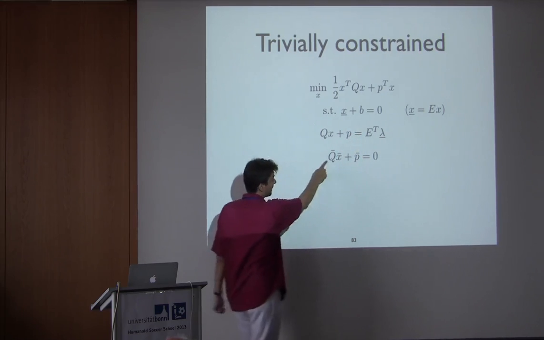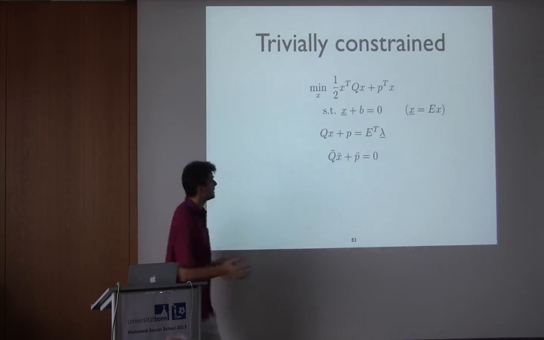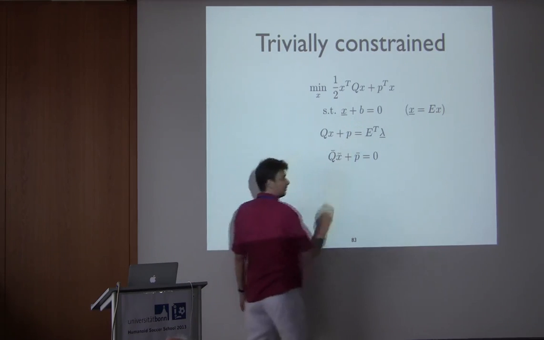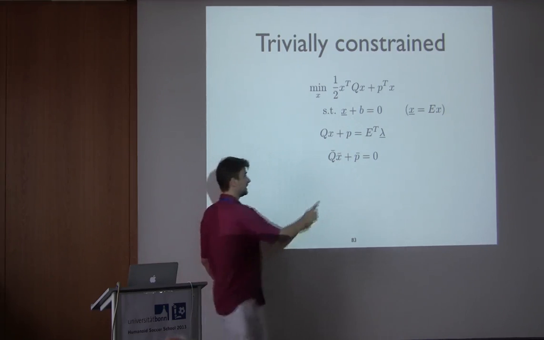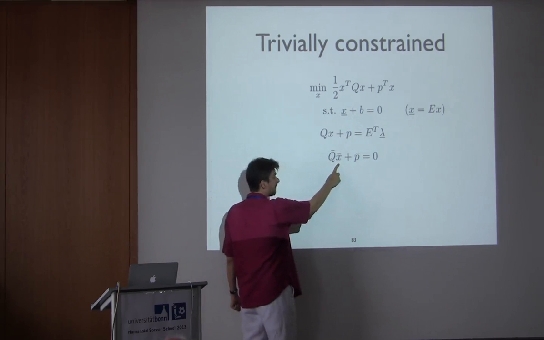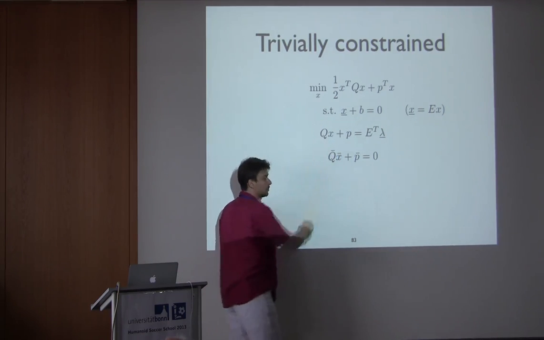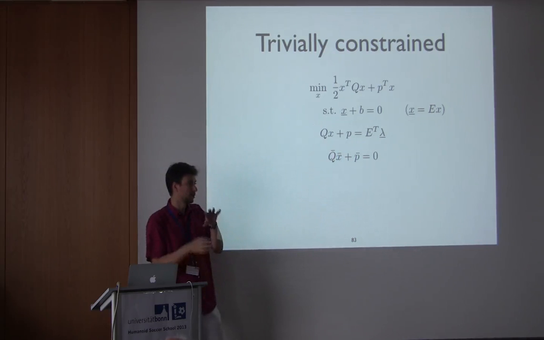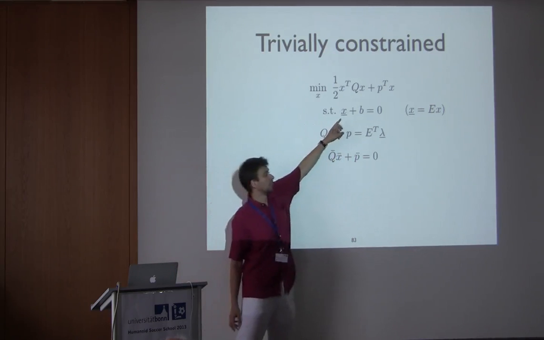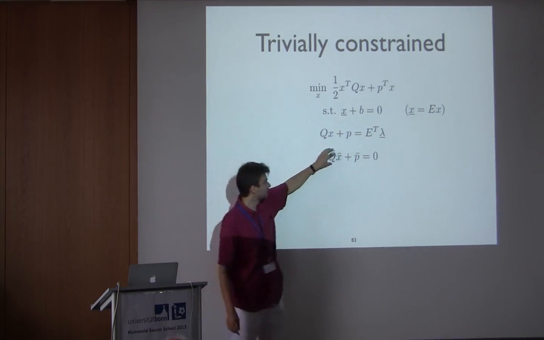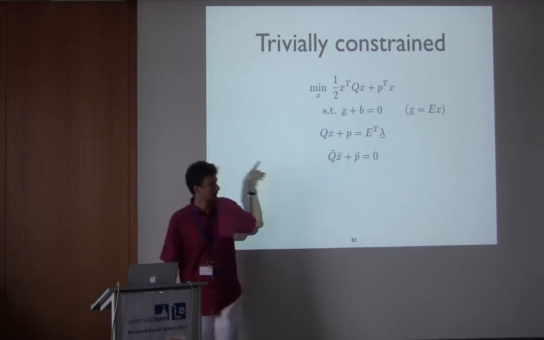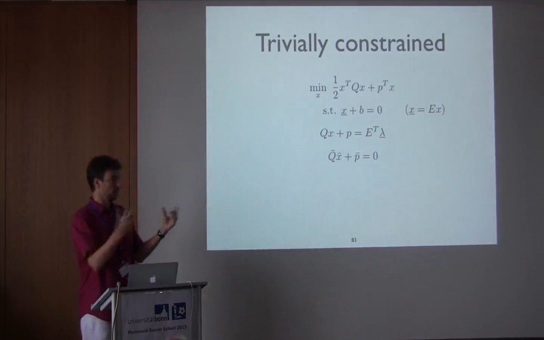So what I should do is just, I have fixed some variables. Fine. This part of the problem is already solved. I know those variables. So now I just select the remaining variables, extract from my matrix Q the columns and the rows which correspond to the values that are already known, take them out of the problem, and I solve this set of equations, which is smaller.